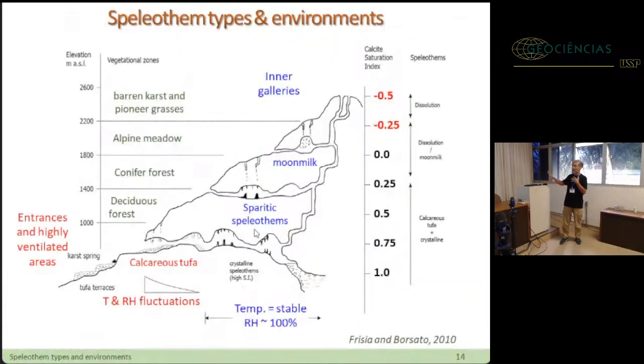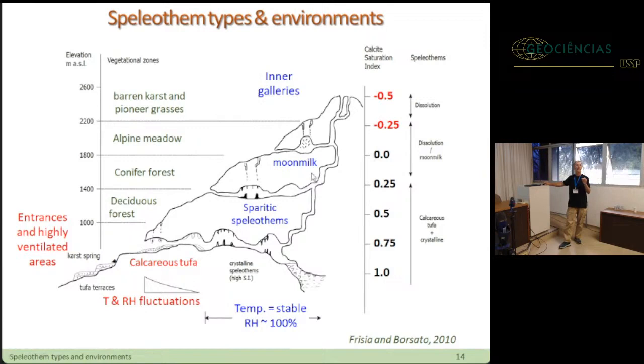So, in the study of the alpine setting in Italy, we studied different caves at different elevations that have a different mean annual temperature, and because of this, we have a different soil CO2 and a different calcite supersaturation in the drip water. At high elevation, the water is undersaturated, we just have dissolution, but when we reach the alpine Mayo plain, we start reaching saturation for the drip water.